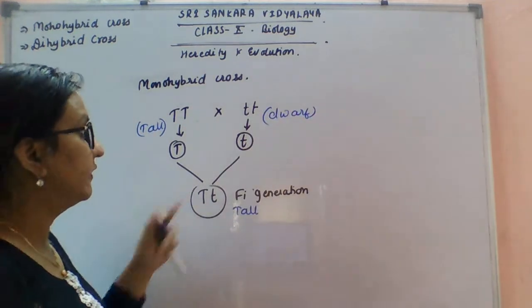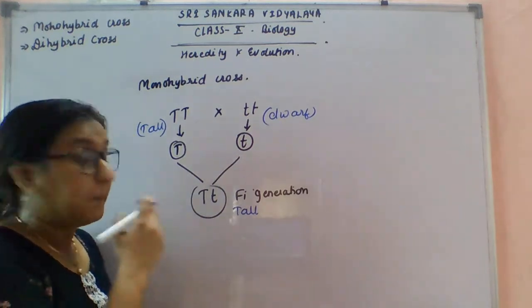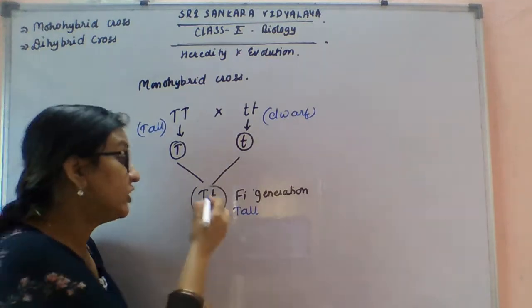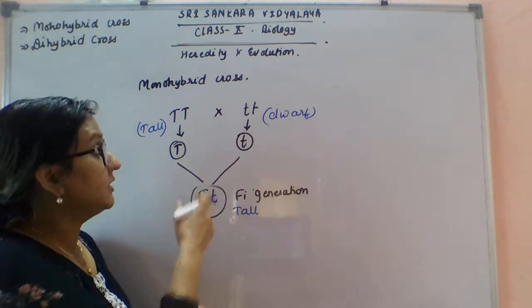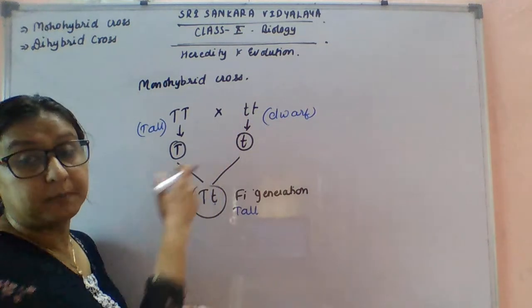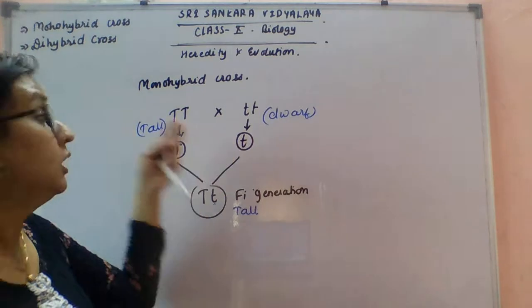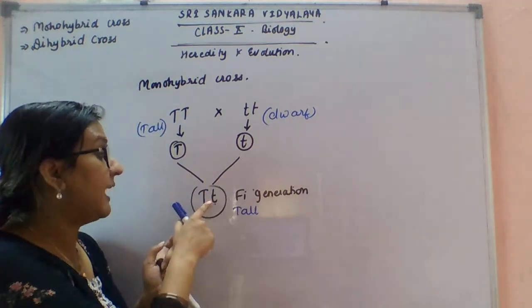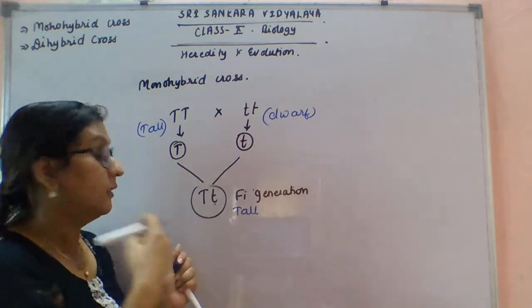The offspring we are getting will be tall, because the phenotypic character will be tall. But in the genes they also have the small t, because this offspring has different parents, tall and dwarf.